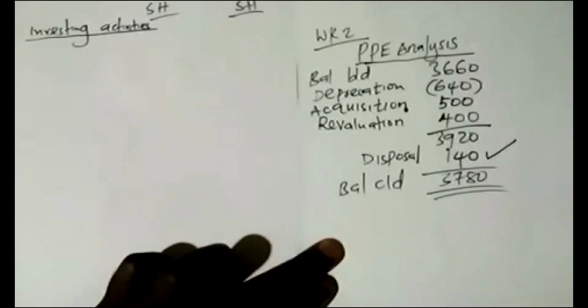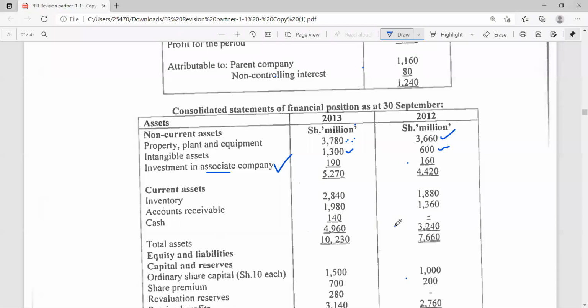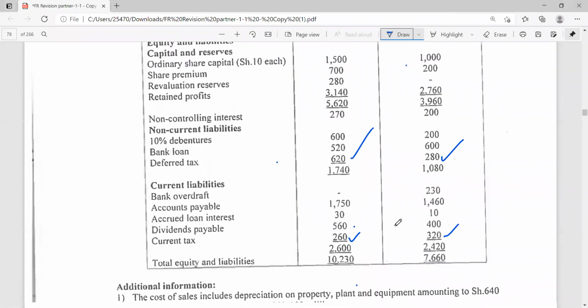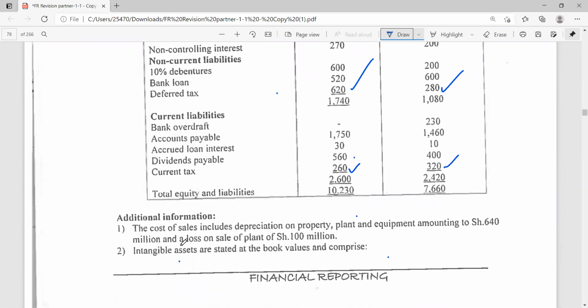But when we disposed at 140, we made a loss of? That is why they said in note 1, cost of sales includes depreciation on property, plant, and equipment amounting to 640, and a loss on sale of plant of 100. So when we sold this fixed asset at 140, we made a loss of 100, which means that we realized how much?